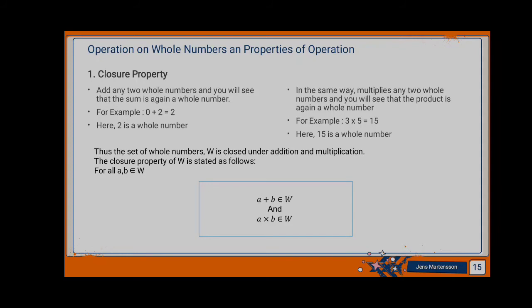For example, 3 times 5 is 15. Here, 15 is a whole number. Thus, the set of whole numbers W is closed under addition and multiplication. The closure property of W is stated as follows: for all a, b in W.